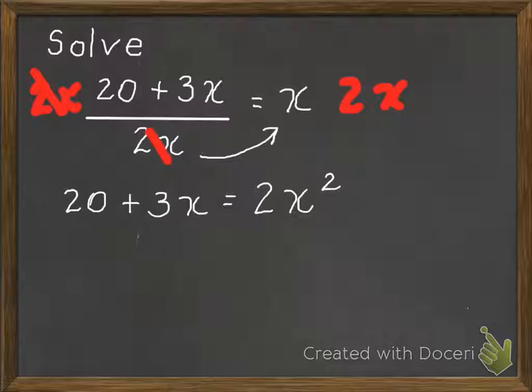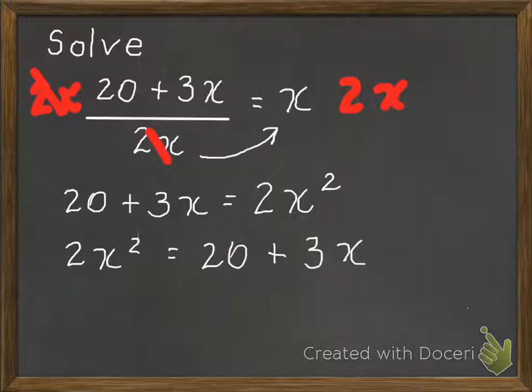Before I do that, I'm going to turn the equation around, write it this way, just because I want my x squared term to stay positive. And then I'm going to bring each term on the right side to the other side of the equation.